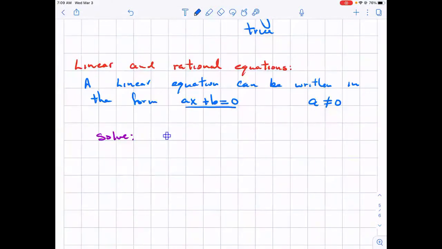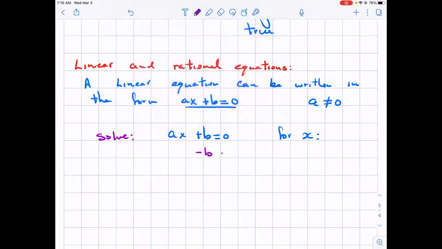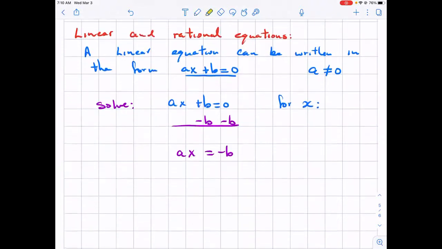If I ask you to solve this, we have ax plus b equals 0, solve for x. And remember, solve for x just means leave x by itself. So the first thing we'll do is minus b on both sides, and that leaves ax is equal to minus b.